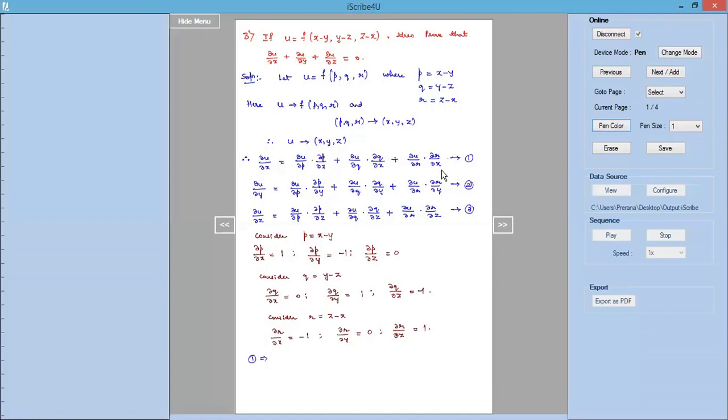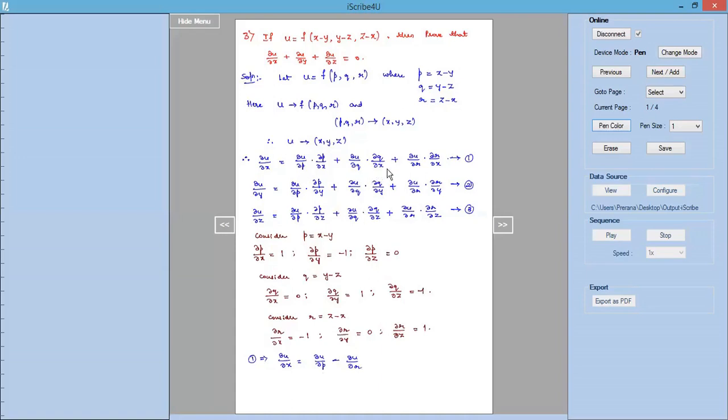∂p/∂x is 1. So we will have ∂u/∂x is equal to ∂u/∂p. And then ∂q/∂x is 0. ∂r/∂x is minus 1, so minus ∂u/∂r. Let me explain how this is coming. ∂p/∂x I have substituted as 1, so 1 into ∂u/∂p is ∂u/∂p.